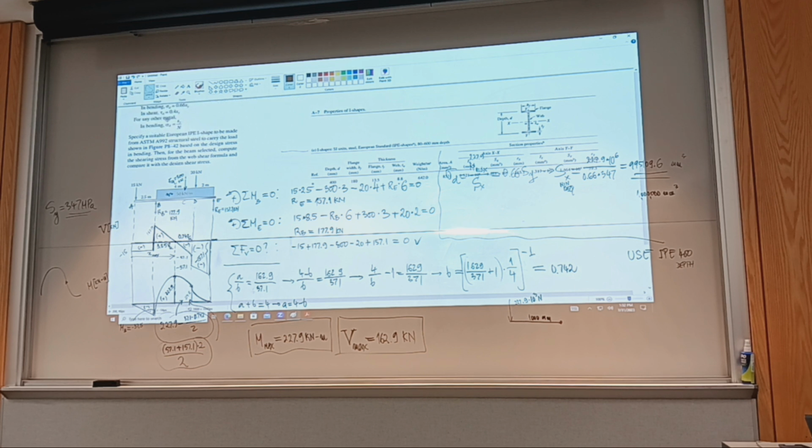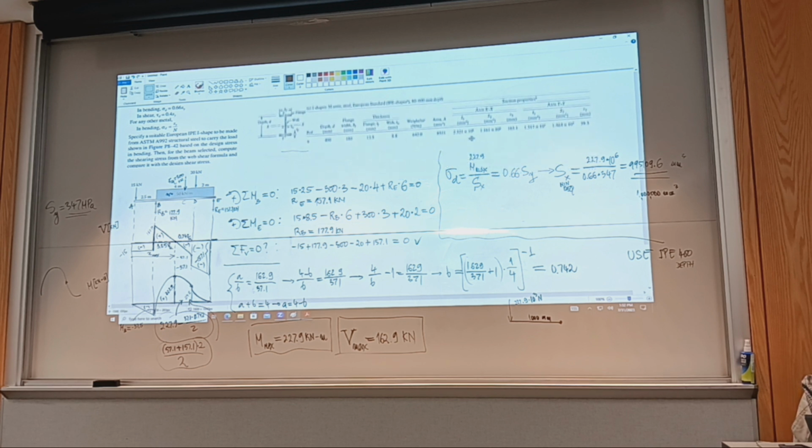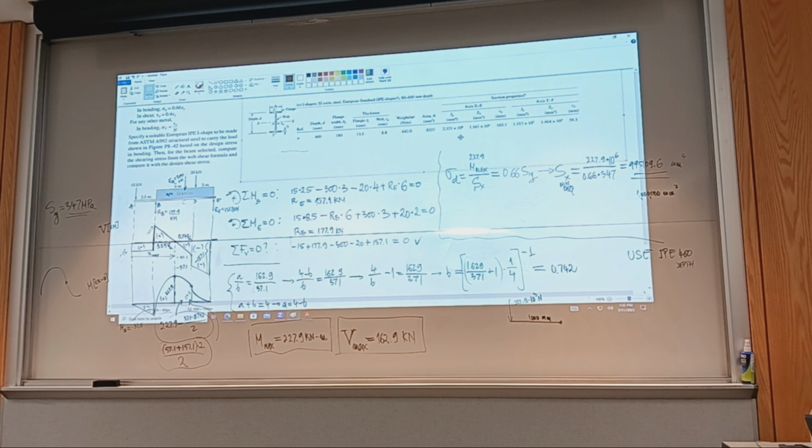Okay, for structural steel, we don't need that note. And then what? I want to make more room for my, come on, rectangle tool. And can we see it? Yes, we can.